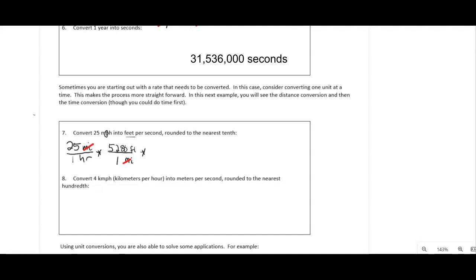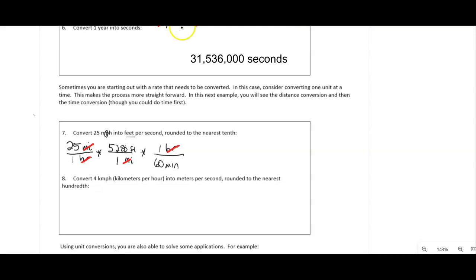For hours, so I have hours in the denominator. I need something with hours in the numerator, and I know that 1 hour is 60 minutes. That converts our units. Currently, if we work the numbers out, we'd be in feet per minute. They want feet per second. We're not quite done.